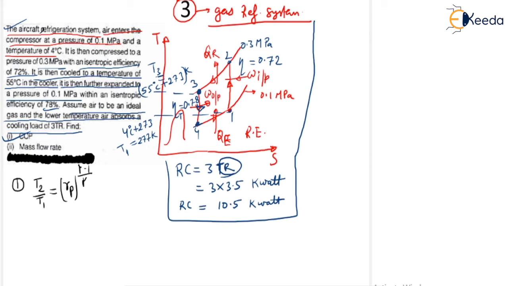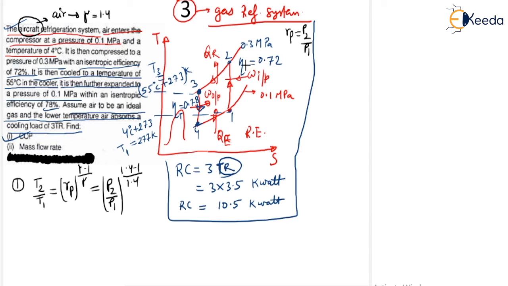This is your aircraft refrigeration, so your refrigerant is nothing but air, and for air the gamma value is 1.4. And what is your pressure ratio? Your pressure ratio, this Rp, is nothing but P2 by P1. So P2 by P1 raised to the power 1.4 minus 1 upon 1.4.